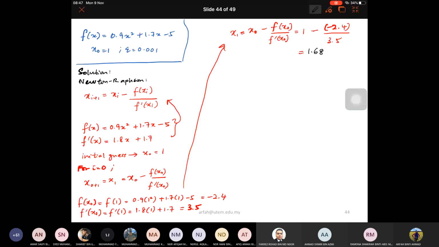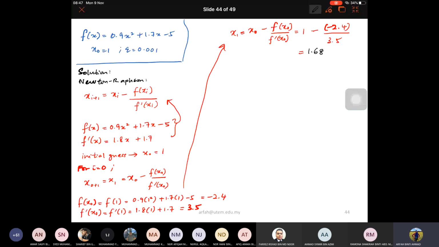for X2. Yang mana untuk X2, i sama dengan 1, x1 tambah 1 by using this formula, akan sama dengan X2 sama dengan X1 tolak F X1 divided by F prime X1.